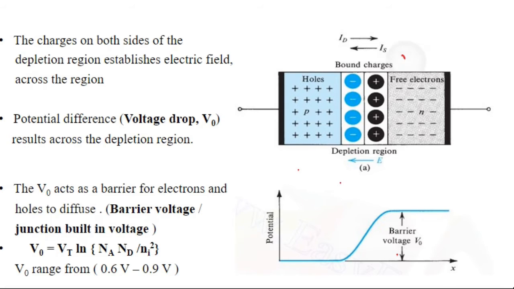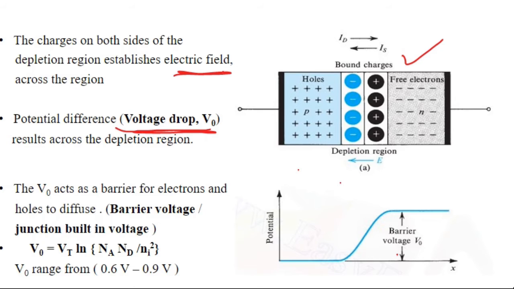So let's see what happens then. This depletion region will form an electric field across the junction, as positive and negative bound charges are present here. It will establish an electric field, which will further give rise to a voltage drop across the junction, that is V0.